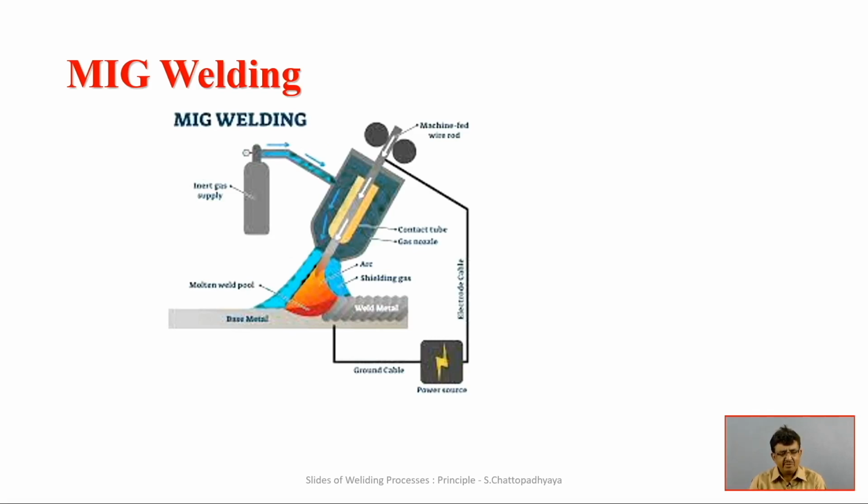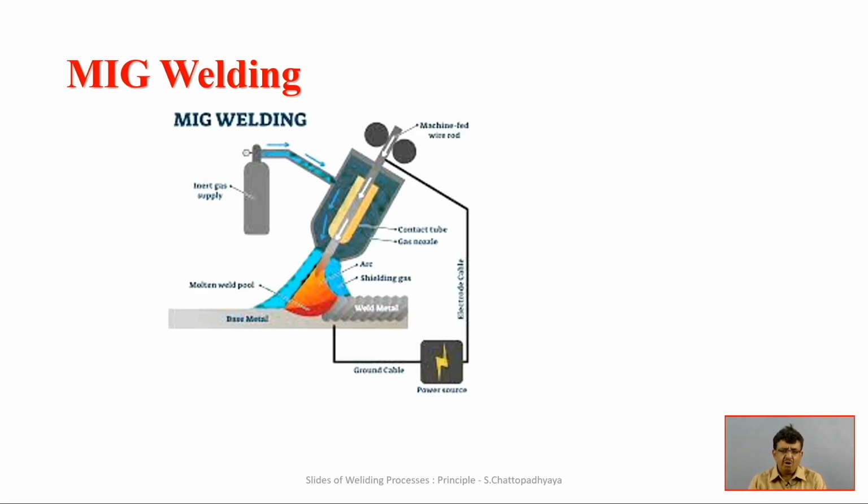It is melted in the arc itself to continuously form the welding puddle throughout the length of the surfaces to be joined.